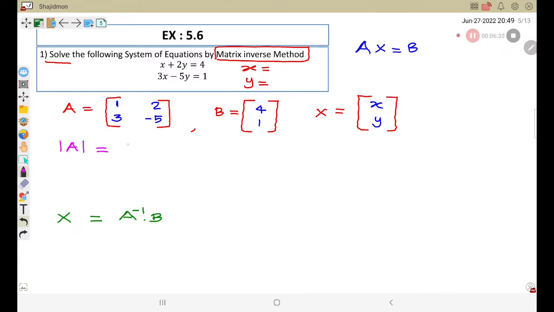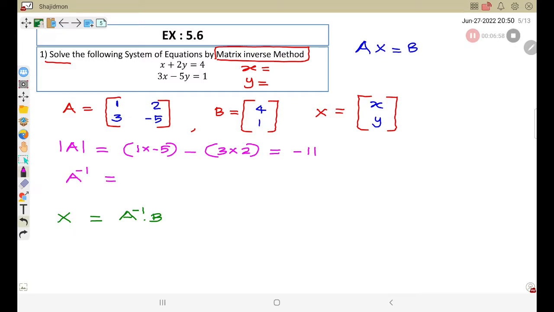Determinant of A equals main diagonal numbers multiplied, 1 times -5, minus off diagonal numbers multiplied, 3 times 2. So the answer is -5 minus 6, which is -11.